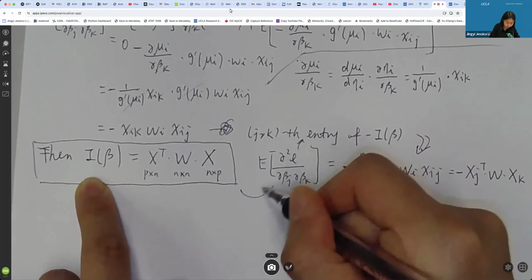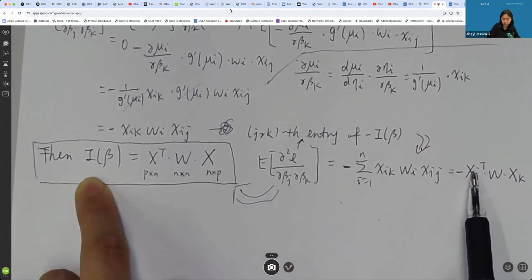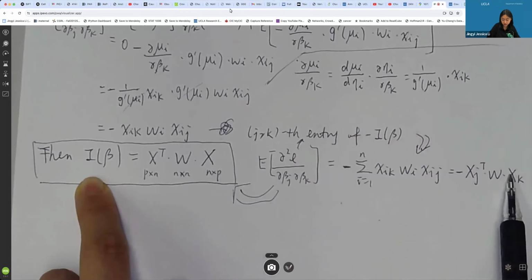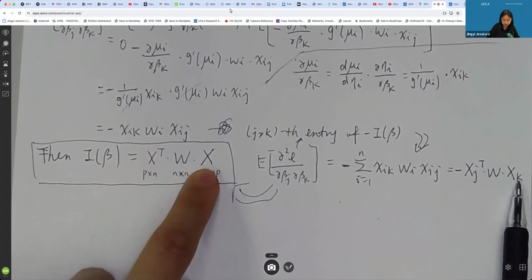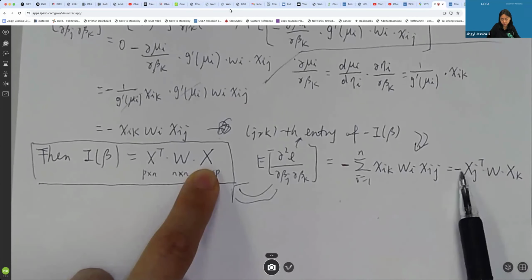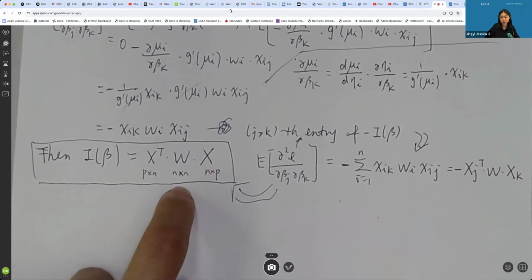So finally, I go from here to here. So I stack the jth row across the predictors, and here I stack the kth column by column to get a design matrix. So that's why I have X transpose on the left side, X on the right hand side. So I'm stacking rows here, I'm stacking columns here. That's how I get the matrix form.